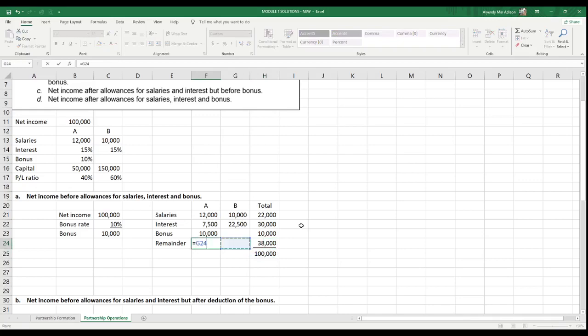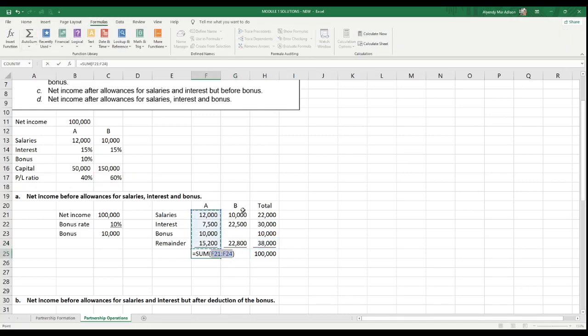Accordingly, 38,000 pesos is to be divided with the ratio 40:60. So 38,000 times 40% for A, and 38,000 times 60% for B. Here is the total profit distribution of A and B: 44,700 for A and 55,300 for B, and that is their profit distribution.